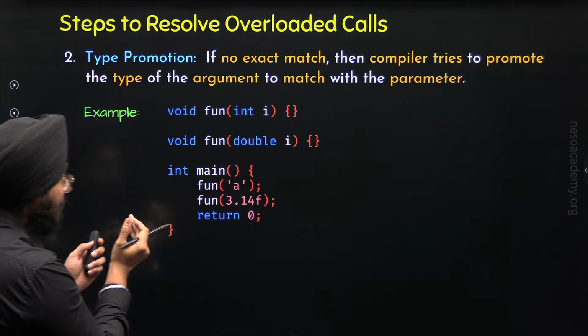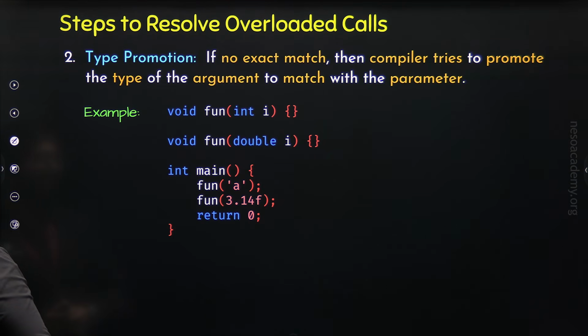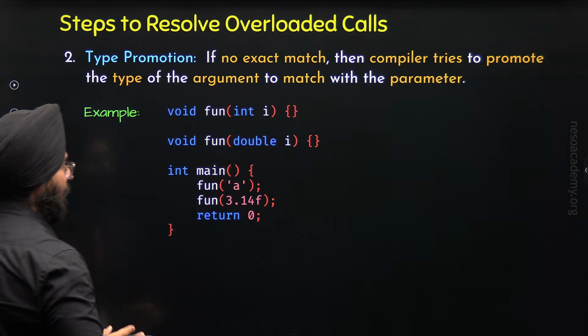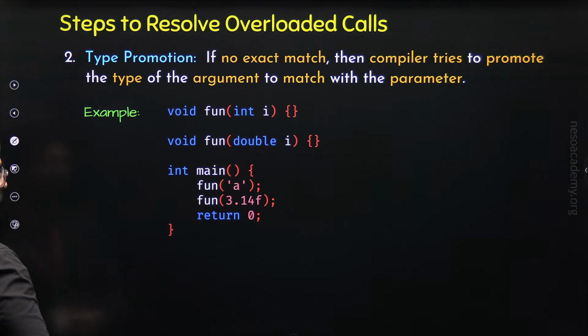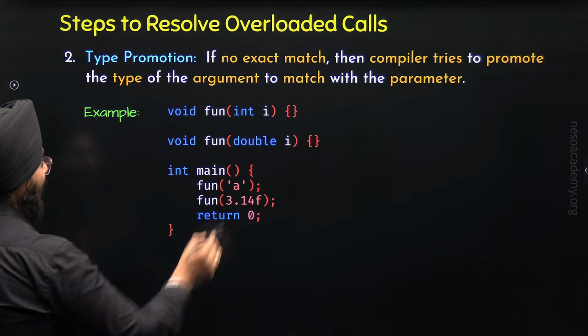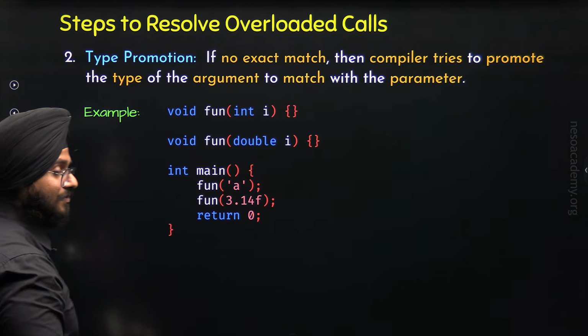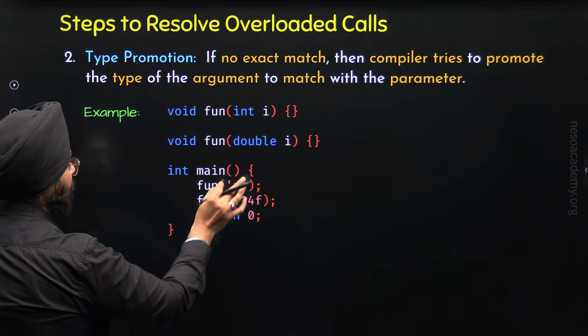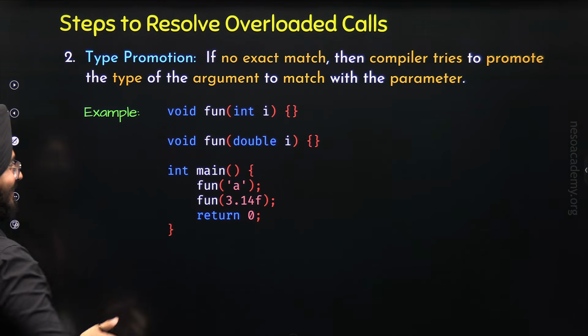Now how does the compiler perform the type promotion? We know that we can store a character within an integer variable or a double variable. Here we have a lower type and here we have higher types. Now, which type will this specific type be converted to? That's the question.